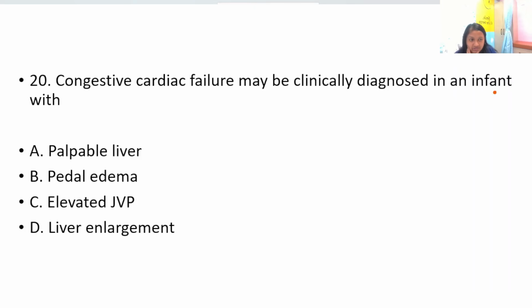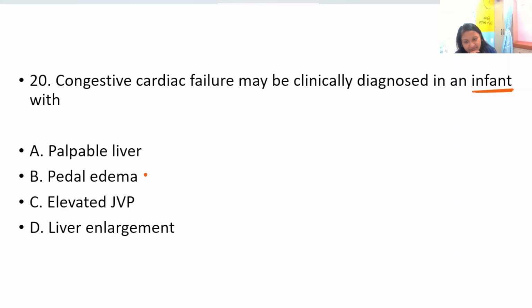So now here, read the question carefully. It mentions infant. Congestive cardiac failure may be clinically diagnosed in an infant. Palpable liver may be palpable in an infant even in cases of bronchiolitis, and even normally sometimes, just palpable liver actually does not mean there is liver enlargement.